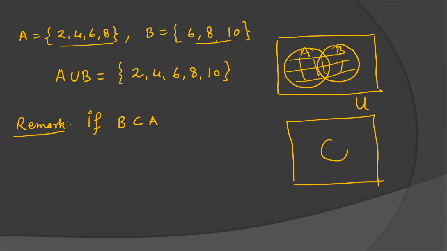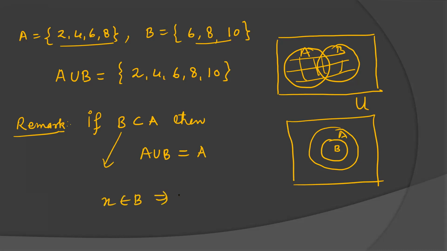B is inside A only, because B is a subset of A. So A is going to be a superset of B. Then if you take A union B, it will be A only, because all the elements belonging to B also belong to A. So it is not going to affect anything here. You can see that 6 and 8 are repeating here, but in the roster form, as I told you, we do not generally repeat the elements.